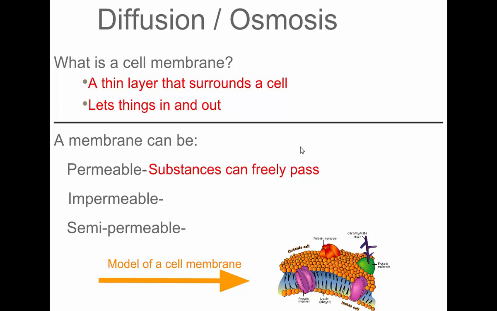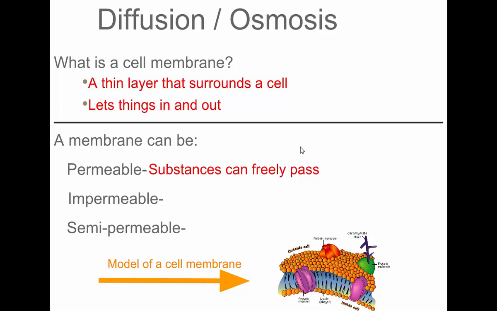So if we imagine our door in the classroom is a membrane. It's permeable to students, teachers. You can walk in and out. It's permeable to mice, and air, lots of things. They can freely pass in and out.